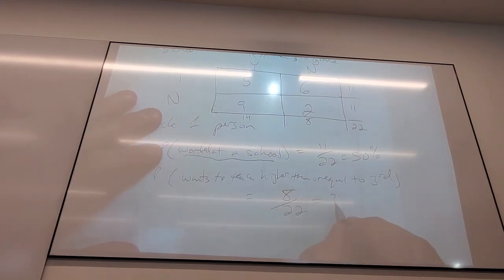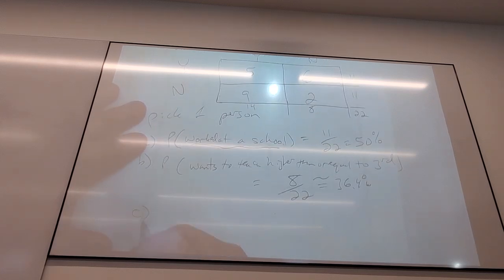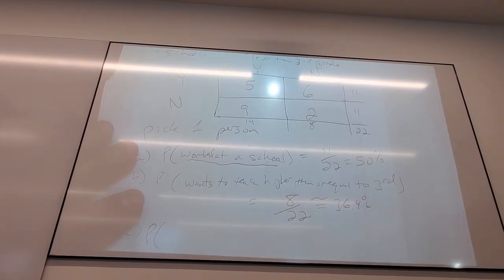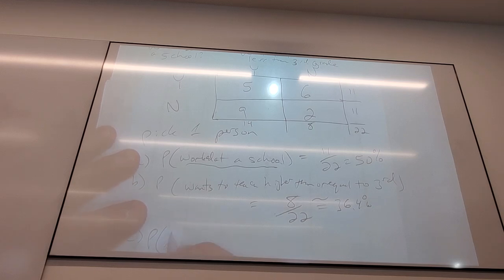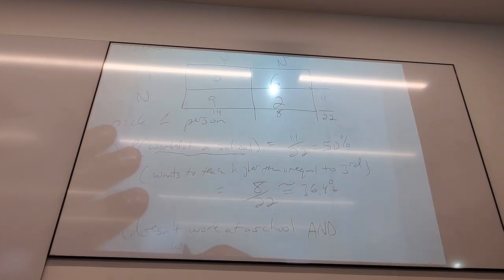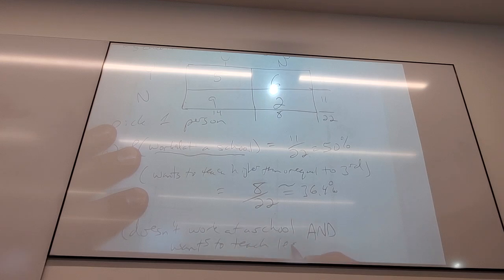So what did I say? That was 36.4%, I think, roughly. So what is the probability that I pick somebody who doesn't work at a school and wants to teach less than 3rd grade?